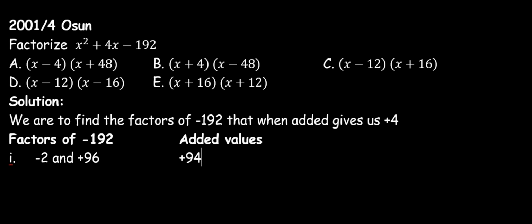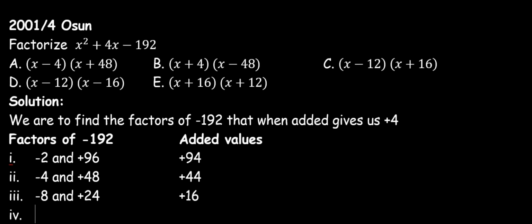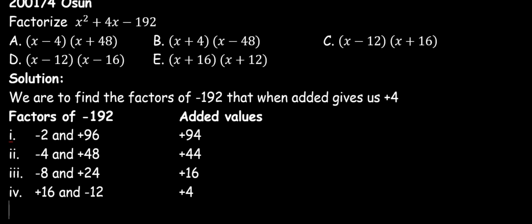In the second case, minus 4 and plus 48, and that will give us plus 44. The third case, minus 8 and 24, and that will give us plus 16. The fourth case, plus 16 and minus 12, and that will give us plus 4. The last factor will help us.